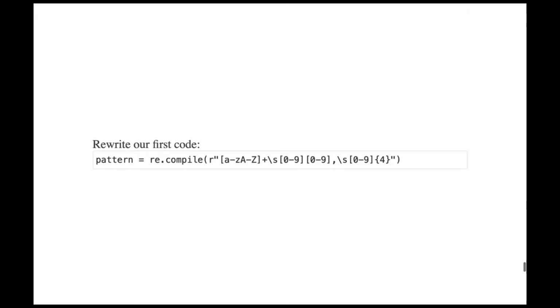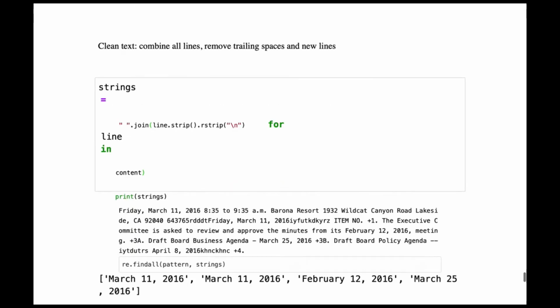All right, let's rewrite our first code since we did not use compile. So let's create a pattern and place our given pattern that we utilized before through this compile version. Instead of using the line by line structure that we used before, let's clean it a little bit. Let's combine all the lines together.